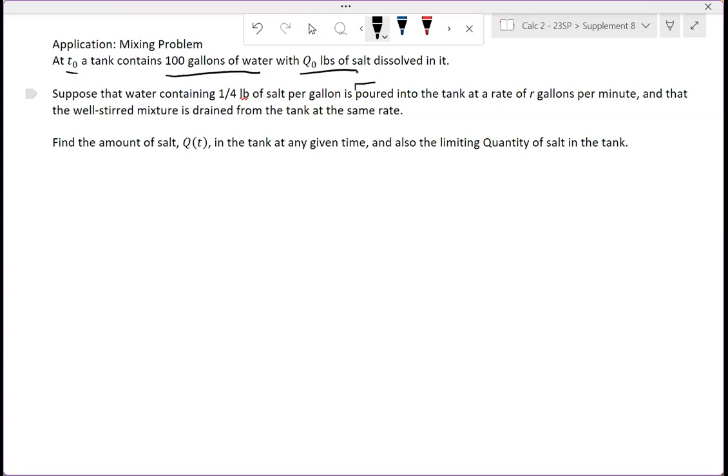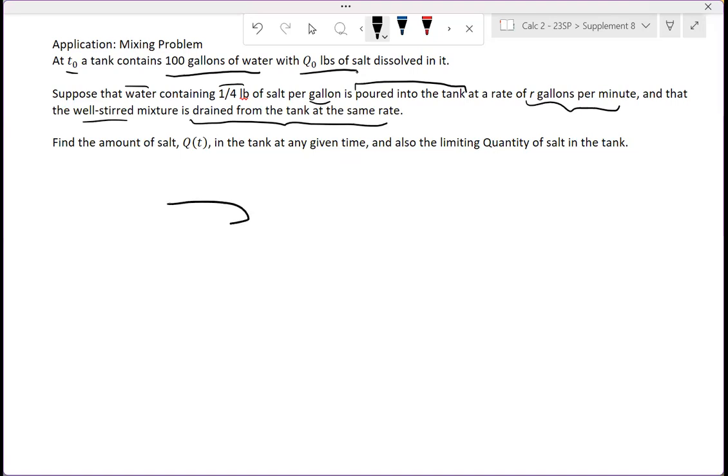We have some solution being poured into the tank, water containing a quarter pound of salt per gallon. So that's a concentration of salt in this water that's being poured into the tank. And it's being poured in at a rate of r gallons per minute. The mixture is being stirred, and then water is being drained from the tank at the same rate.